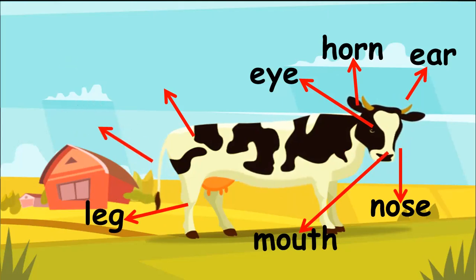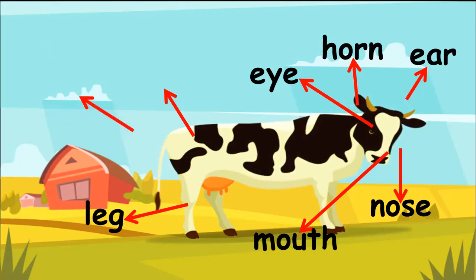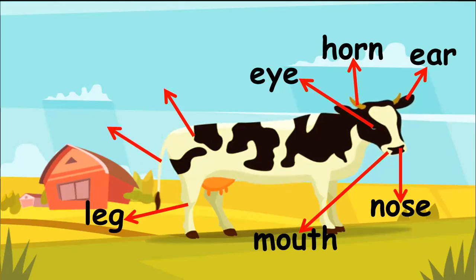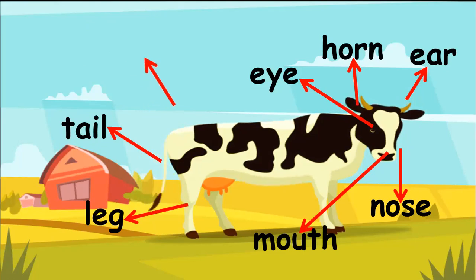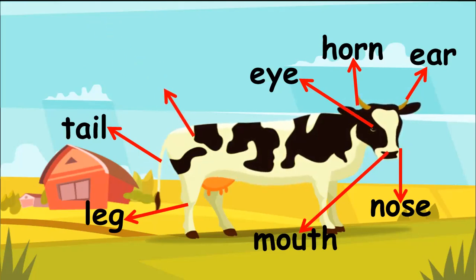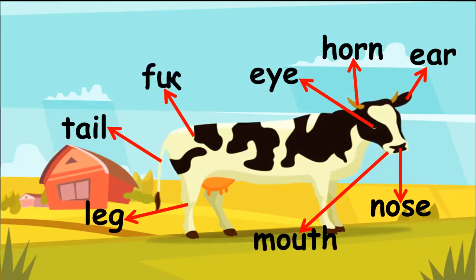How about this one? Very good. It's a tail. Tail. And the last one, what do you call this body part of the cow? Very good. It's a fur. Fur. Okay, let's proceed to the body parts of the crab.